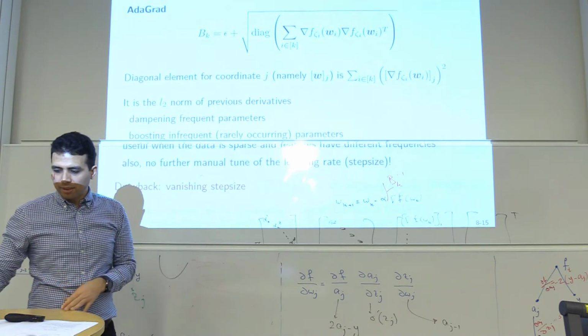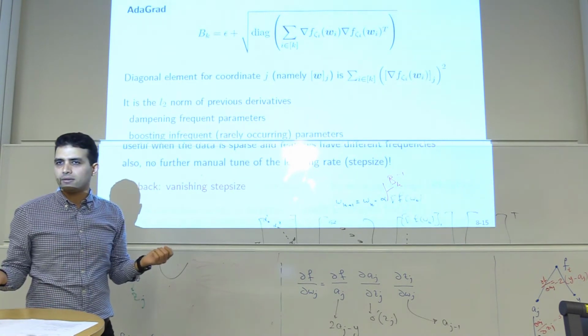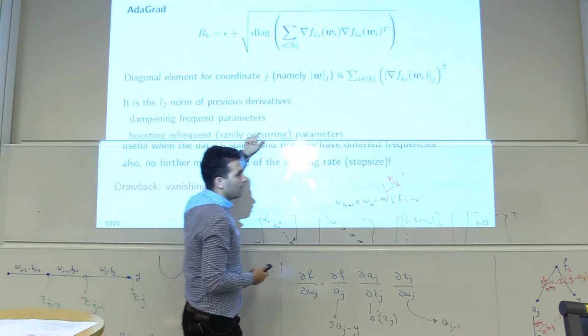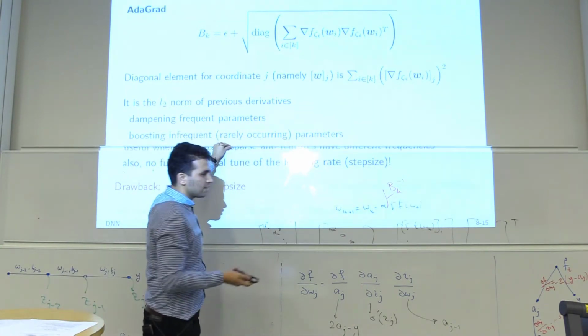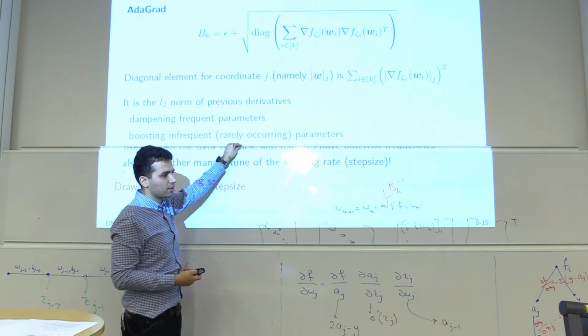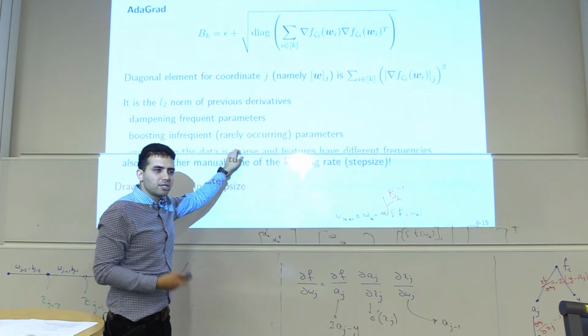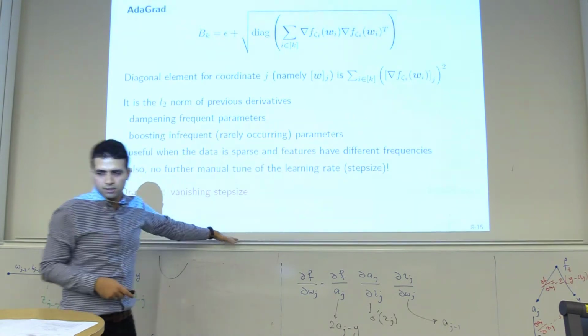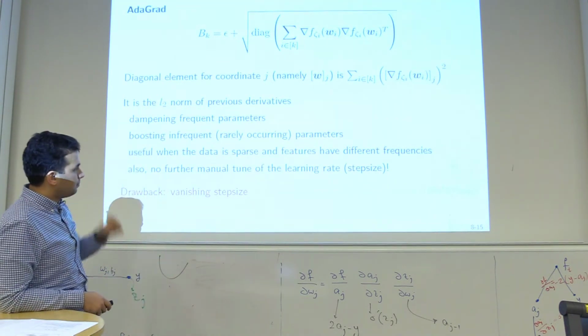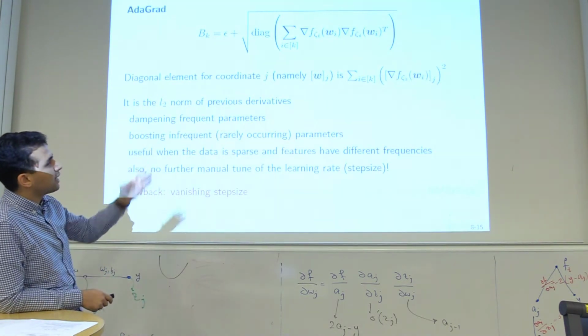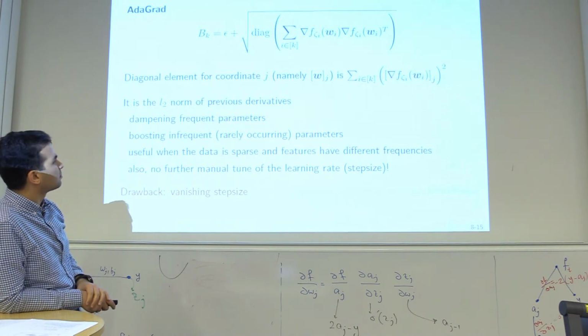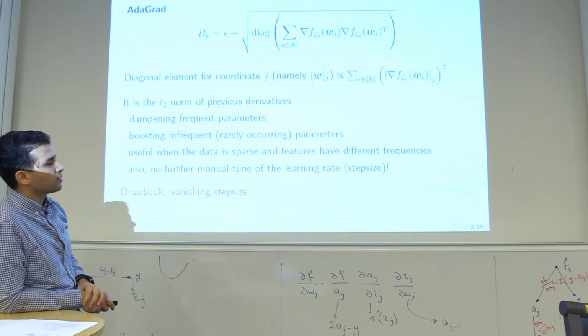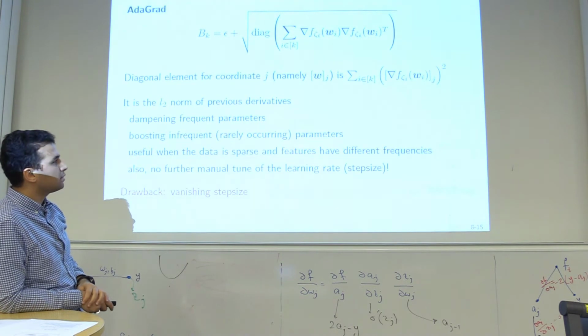The way b_k has been defined, it is just a diagonal matrix at the end of the day. Since the diagonal matrix is an approximation of the actual preconditioner matrix that you should have, that works more than fine actually. This algorithm is called AdaGrad, which is very famous, and it really does make sense.